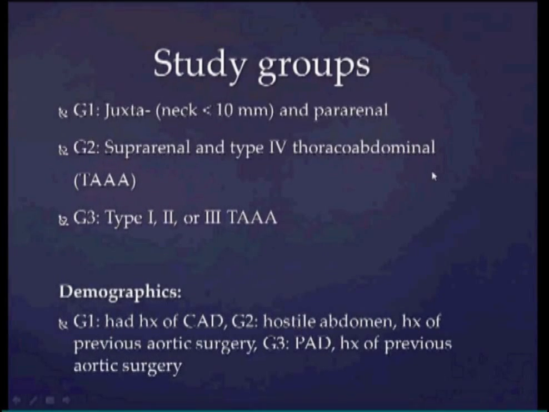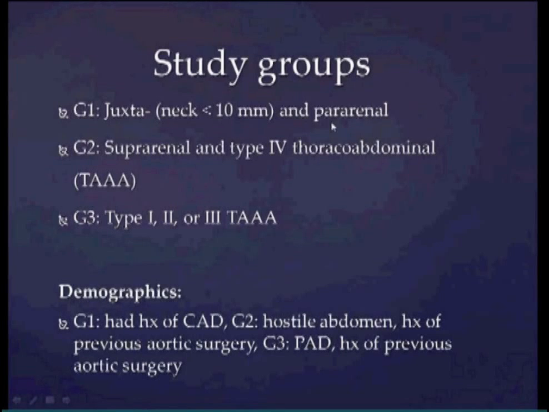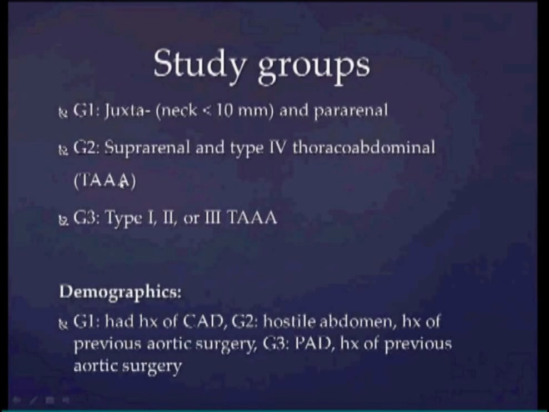And then they grouped their patients based on the severity of this aneurysm, basically considering the anatomical factors. Group 1 was basically the simplest group. They had a short neck and basically a juxtarenal or pararenal aneurysm. In group 2, the suprarenal, the aneurysm was involving the SMA or celiac and also the lower thoracic aorta was involved.